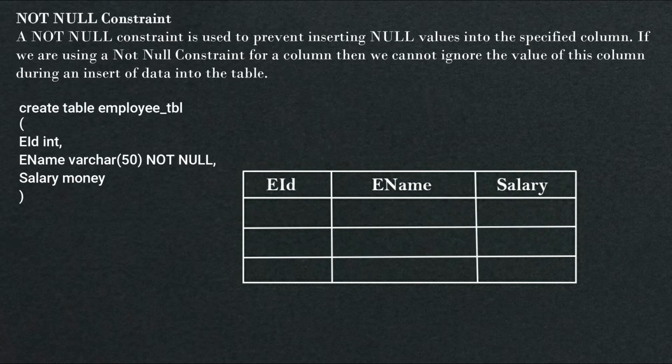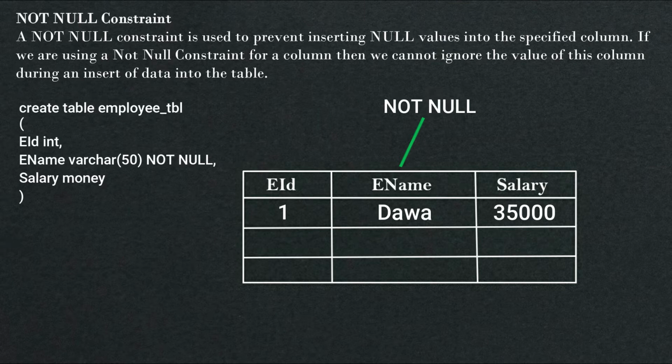Right now there is no value inserted in the table. It's totally blank, right? And I have used ename as not null, and now we insert values into this table. If we insert a value in the first row, like employee ID 1, employee name Dawa and salary 35,000, will this value be inserted or not?